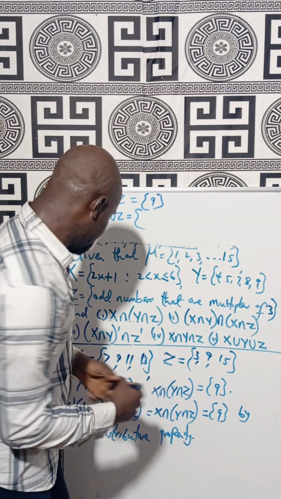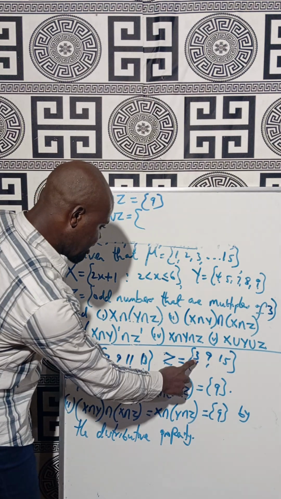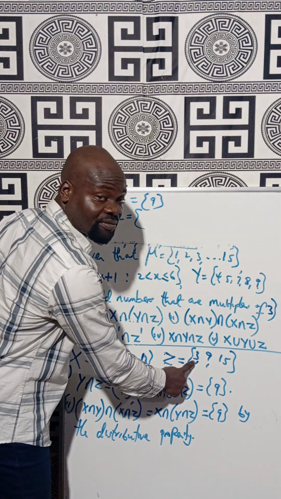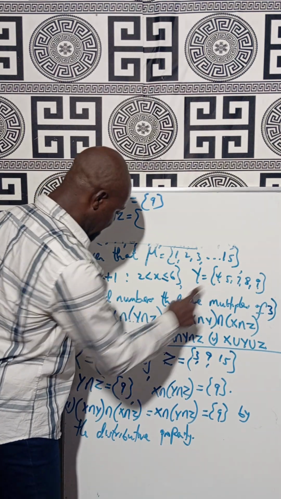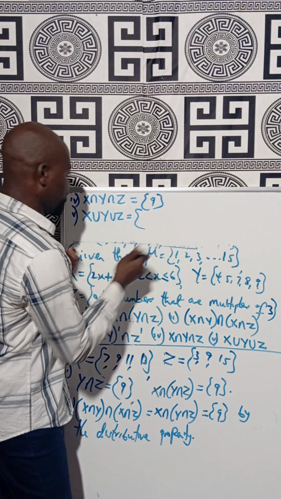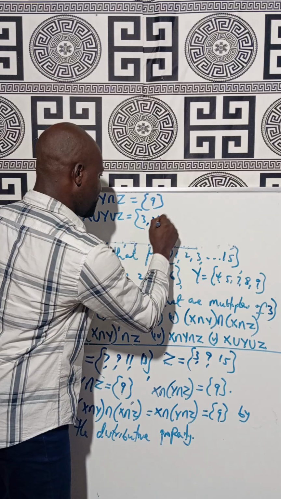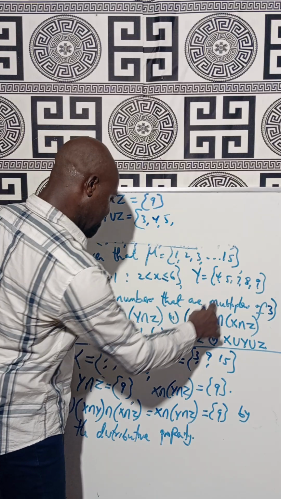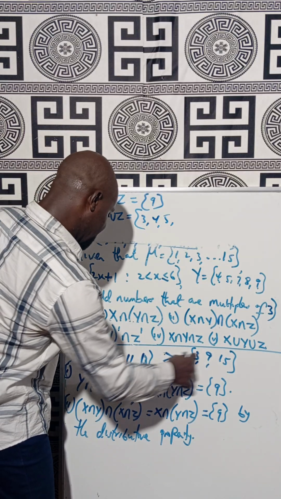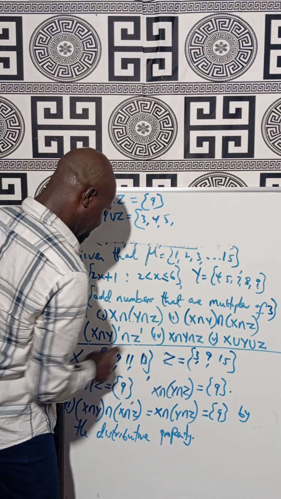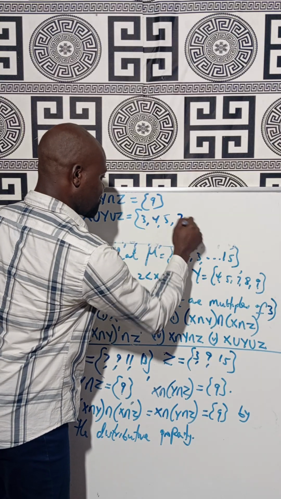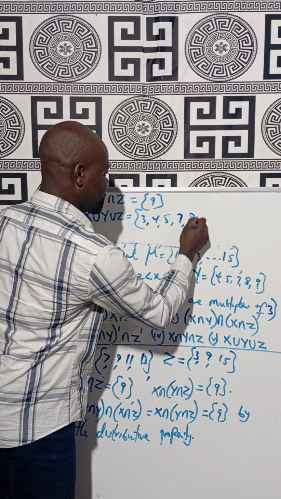Start from the lowest. So 3 is the first one. We start with 3 because 4 is higher, 7 is higher. So we have 3. After 3 should be 4, 5. You have 6? No 6. Then 7, because 7 is there. 8, 9.